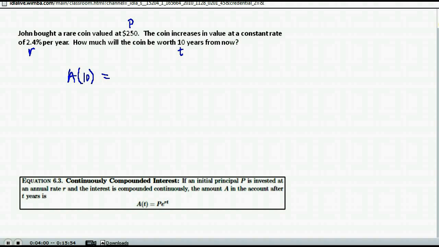So the amount in the account after 10 years would be 250 times e to the 0.024 times 10. Again, notice our percent, we changed to a decimal before putting it into the problem. Again, you want to find that exponent first.